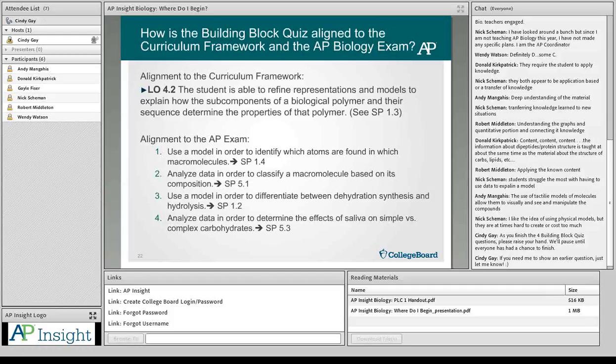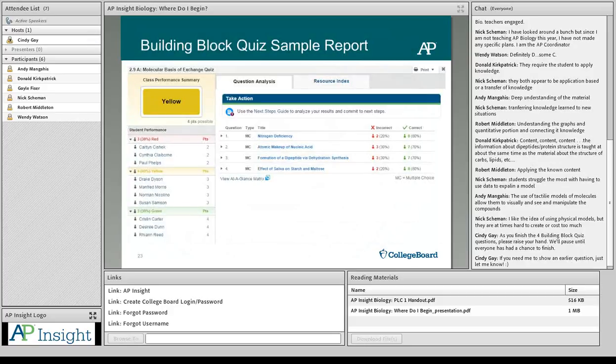And so Mr. Sell has given this quiz, and one of the most awesome things, besides getting kids to practice those questions themselves, is you get a really nice sample report that might look something like this. If we look at Mr. Sell's sample report, you can see that 3 of his students, he has a very small class, I don't know how he managed to do that, scored 4 out of 4 on the quiz.